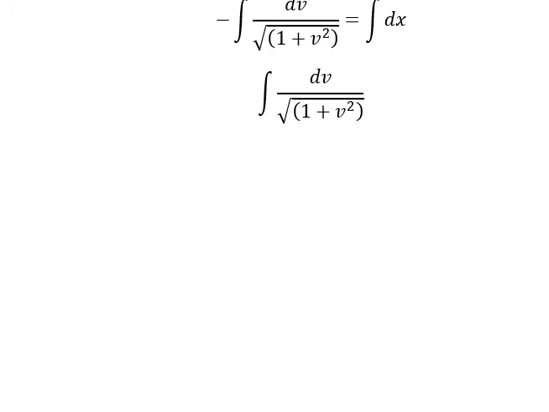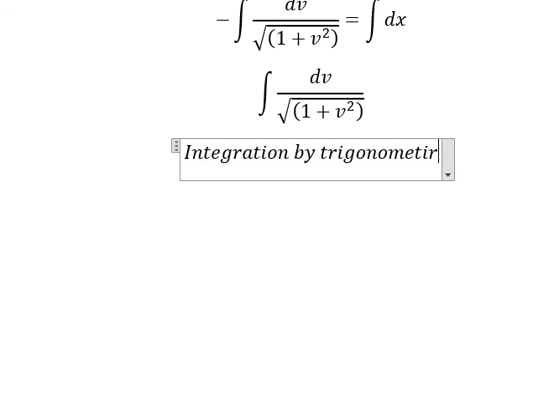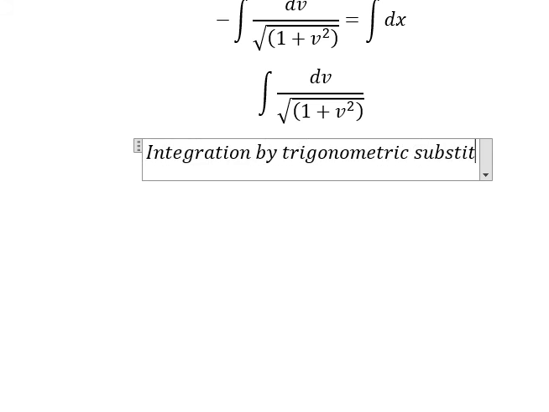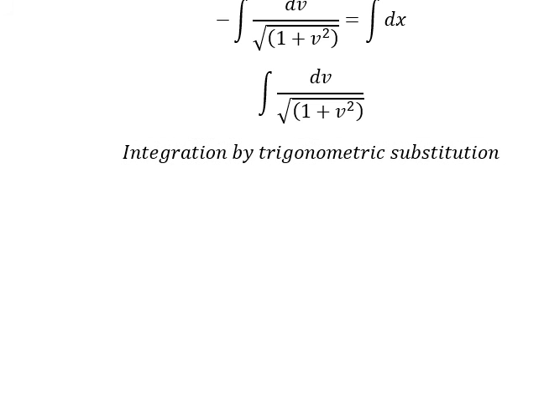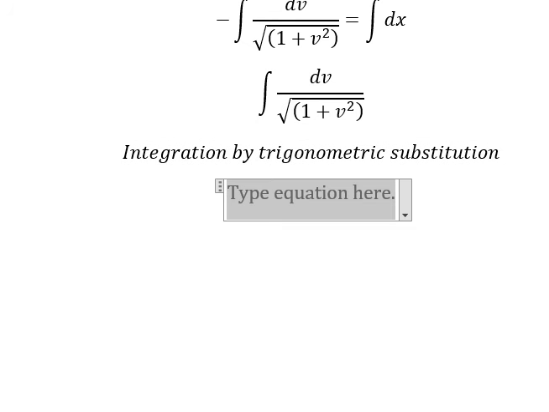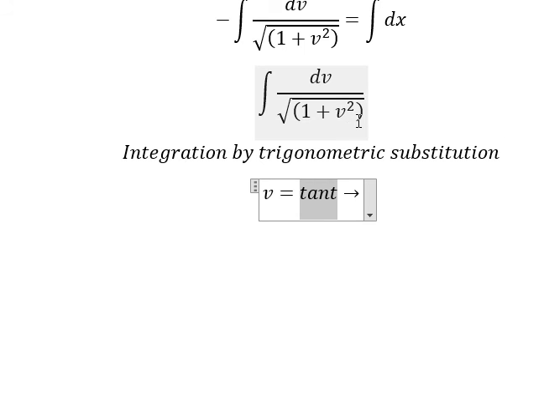So we can use about integration by trigonometric substitution. So I will put about v equal to tan t, because if I put this one gone here, we have 1 plus tan t squared.